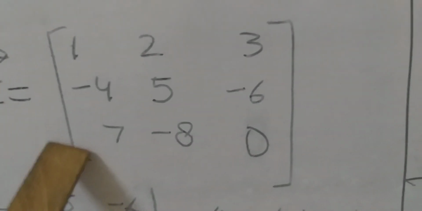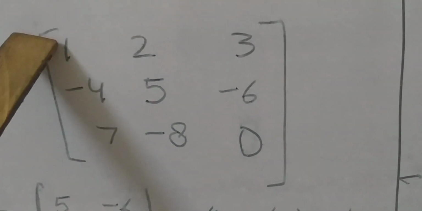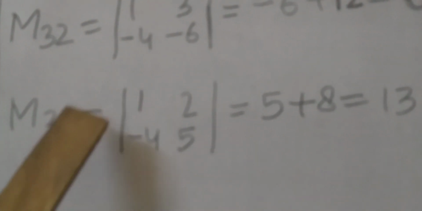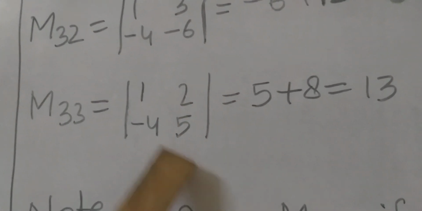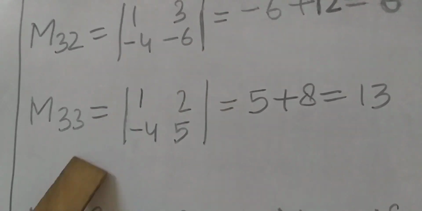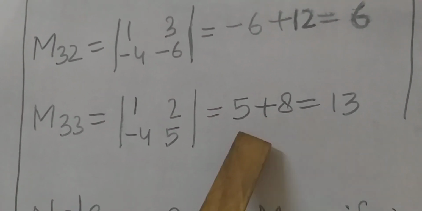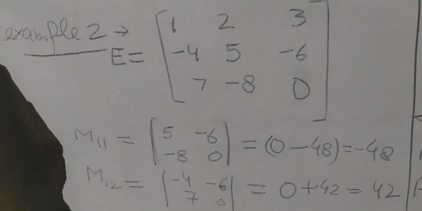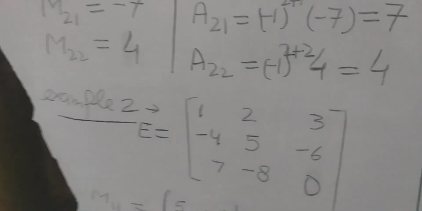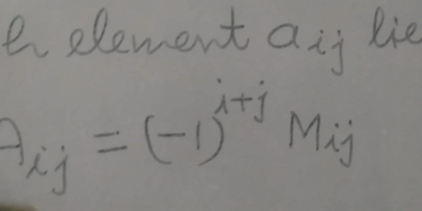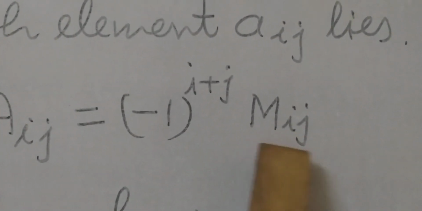Delete its column and row. The left values are these 4: 1, minus 4, 2, 5. M33: 1, minus 4, 2, 5, students. 5 plus 8 equals 13. So these are the minors, students, of all elements. Okay, let us find the cofactors, students. As you know, the formula of cofactor is minus 1 to the power i plus j times Mij.